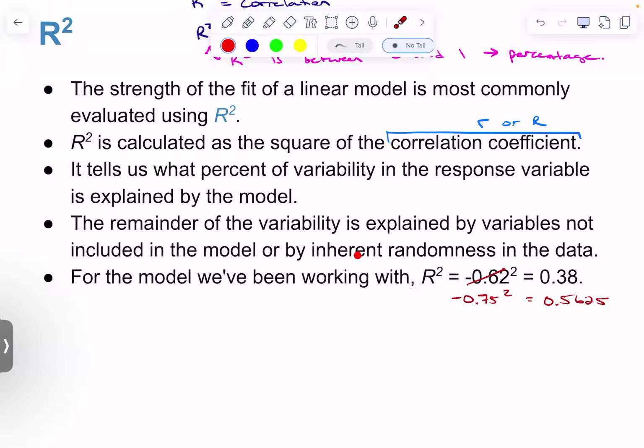And so, of course, there could just be randomness in general, or there could be a variable that you haven't taken into account. And there's a typo here. I think she used the slope instead of the correlation, so I fixed it. So for ours, our correlation was negative 0.75. Once you square it, then you get 0.5625 or 56.25%.